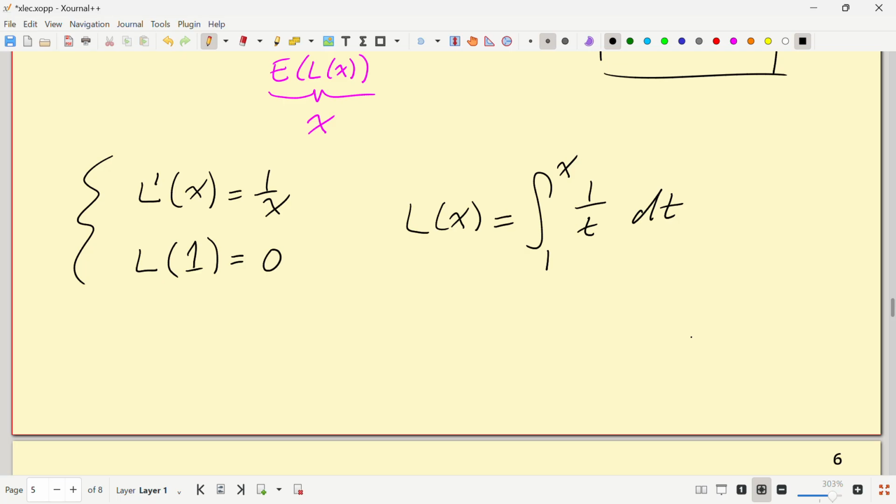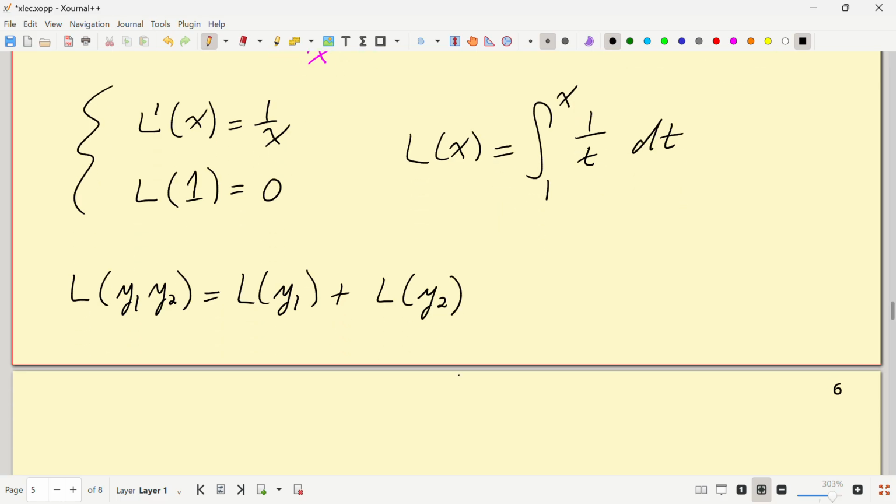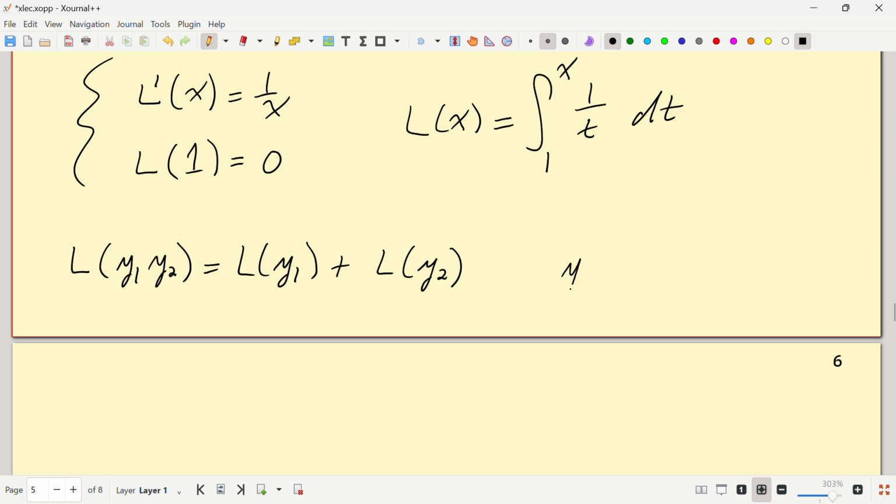And let's see, let's play around with L. L of y1 times y2 is L of y1 plus L of y2. That's the thing, these y's are positive.